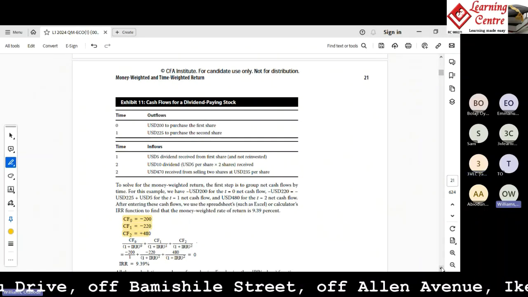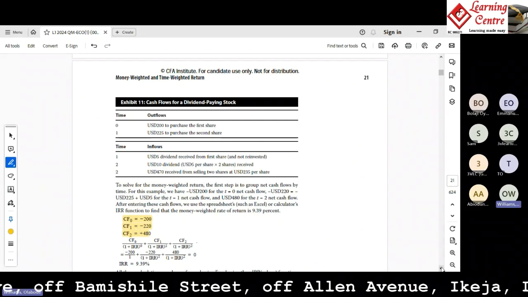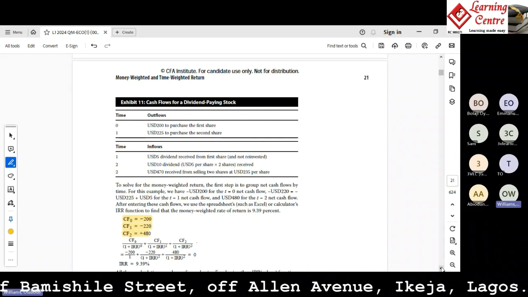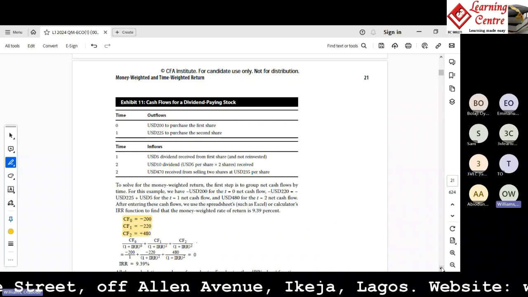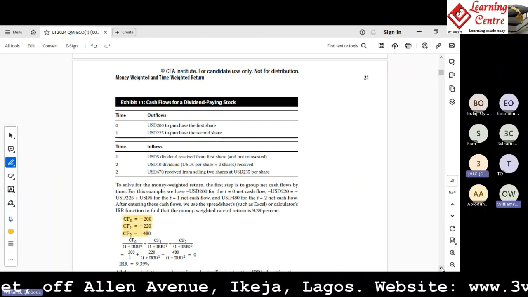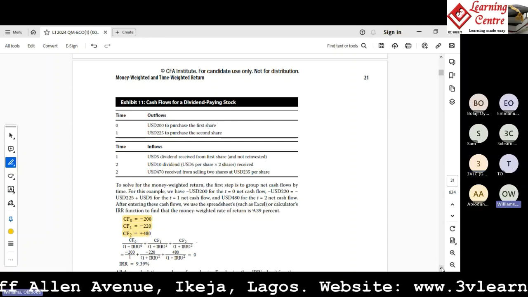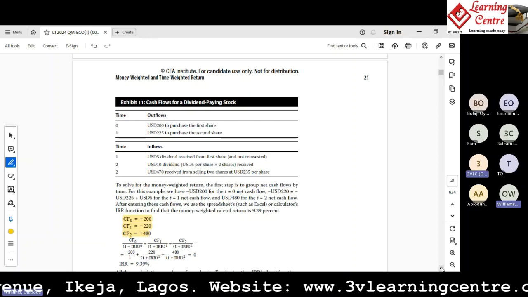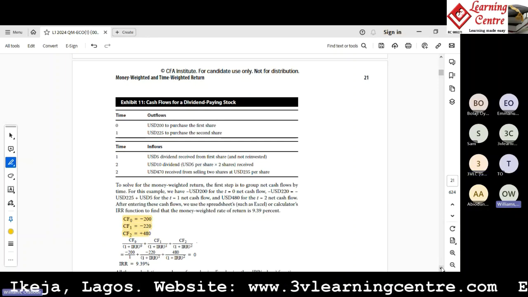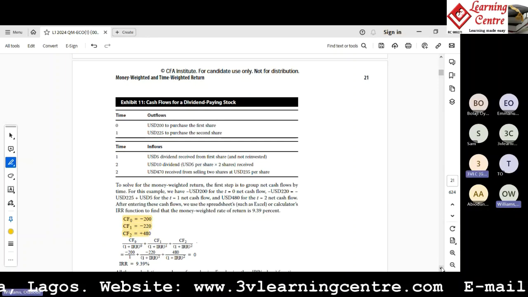There's no hurry. The main point in money weighted return is being able to arrive at your cash flow. In fact, the question can just be, what is your cash flow for period 2? Which means all they will ask you is to identify what your cash flow is. But of course, they will have put in some questions like dividend, like withdrawal and everything for you to arrive at that.